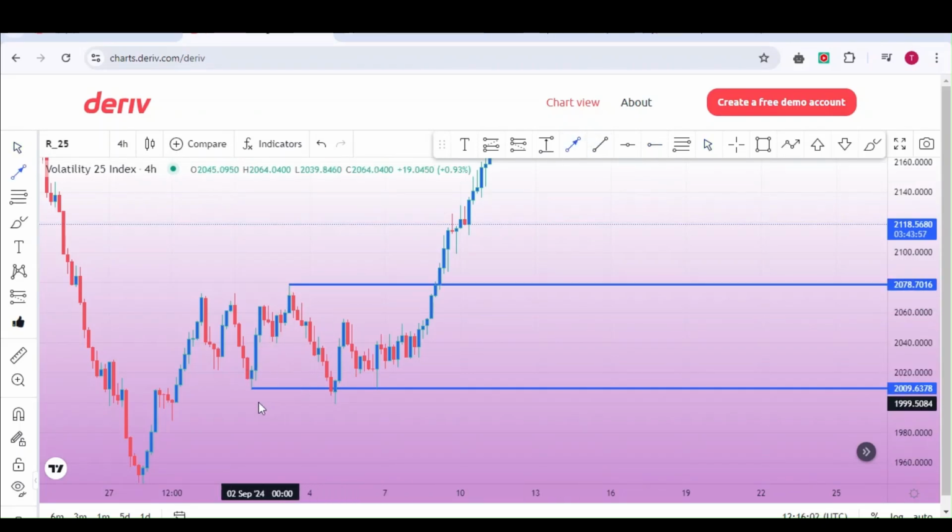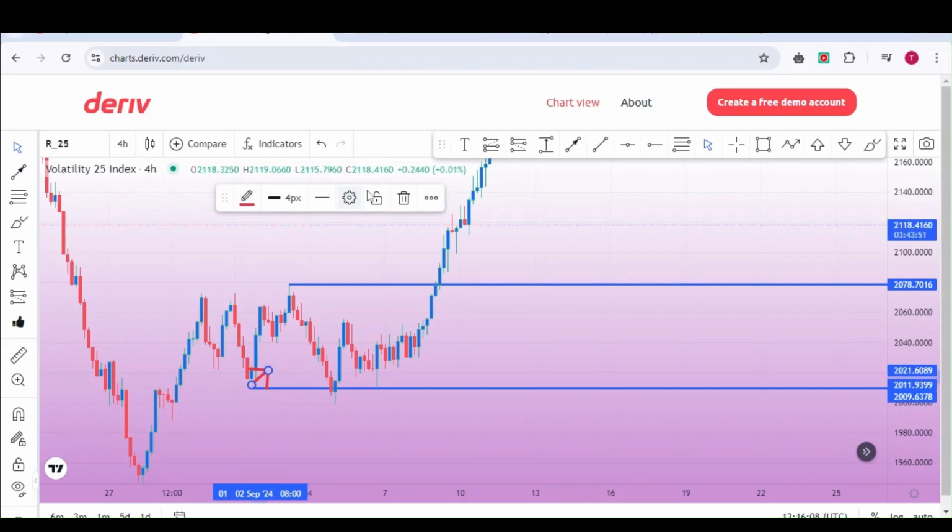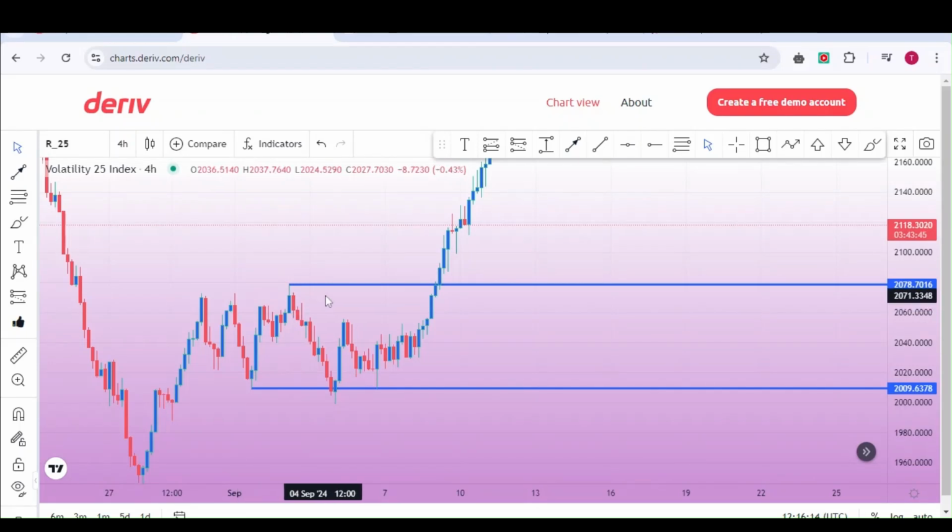So this is the movement where I've marked the swing high and the swing low. With that, you have the first step to identify a liquidity grab: marking the swing low and the swing high levels on the chart.